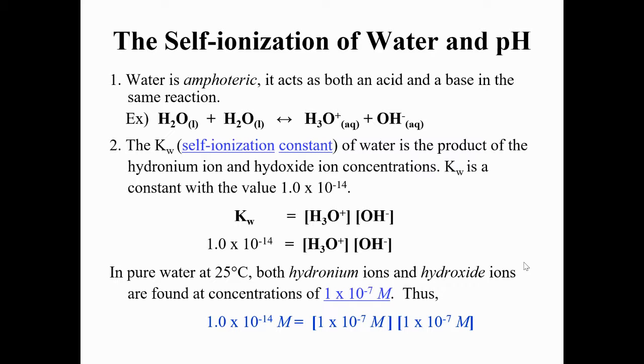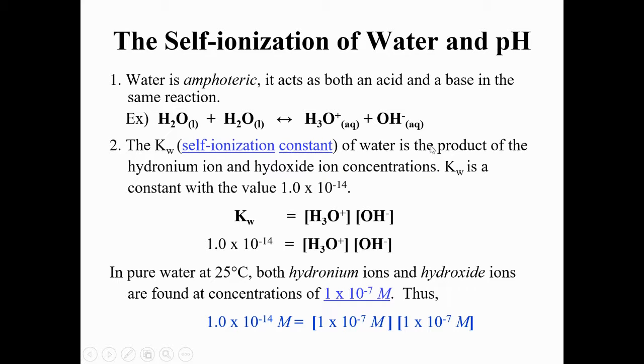Well, in pure water, this reaction happens. One water molecule accepts a hydrogen ion to become the hydronium ion, and one molecule donates a hydrogen ion to become the OH ion. So in any sample of water, there will be a little bit of each of these ions present.